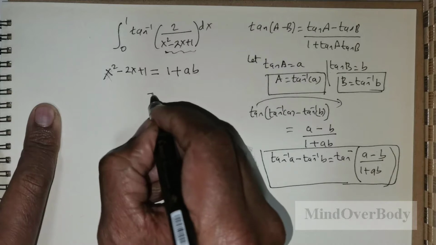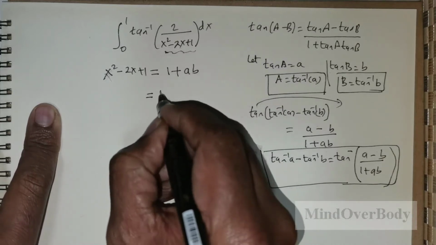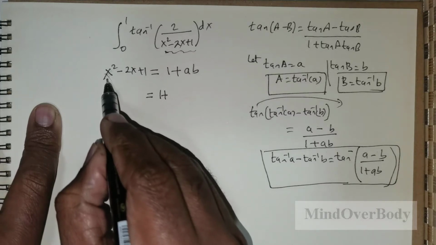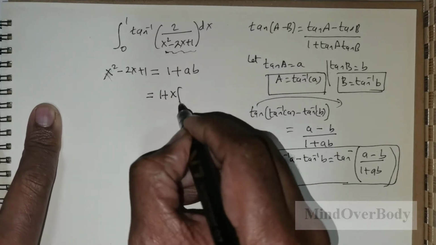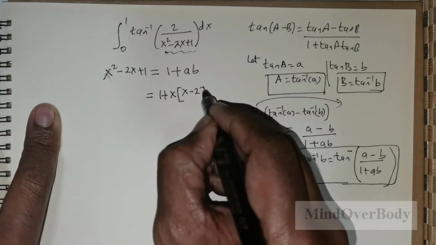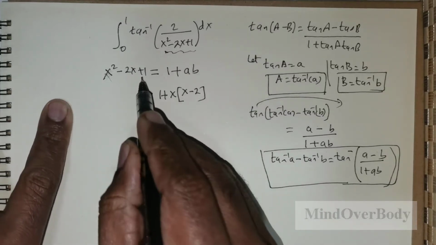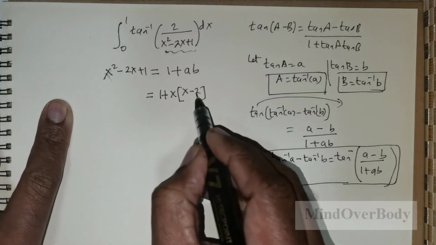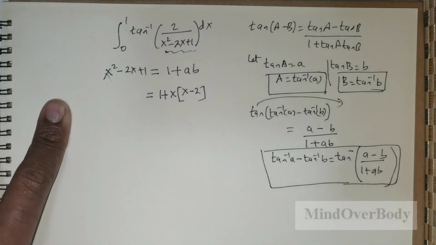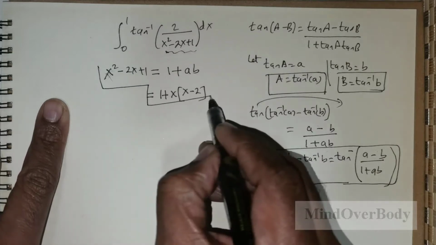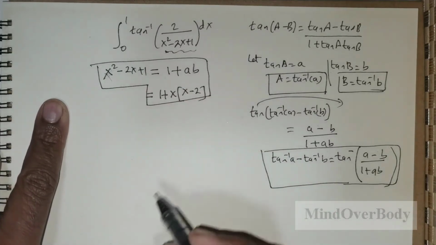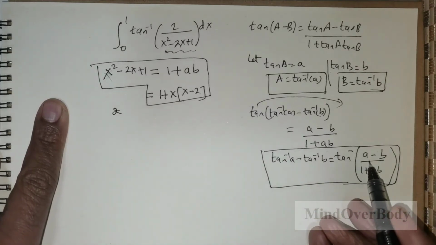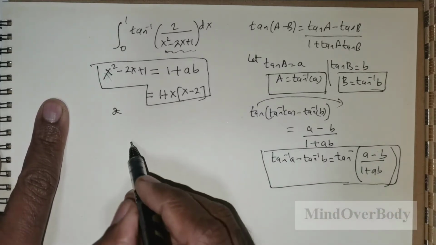So what I would do here is place 1 here, followed by, now I've got x squared negative 2x, so I can take an x out and rewrite this as x times (x negative 2). So clearly this is going to give me 1 positive, x times x is x squared, x times negative 2 is negative 2x. So this is the case for the denominator. Now, for the numerator, I wanted to rewrite it as a negative b.